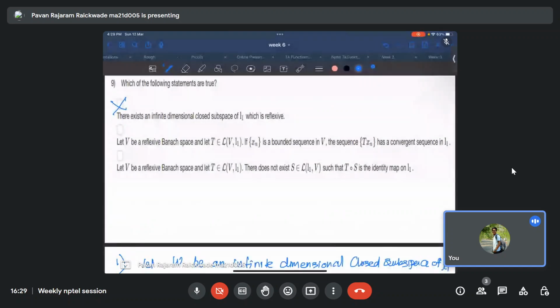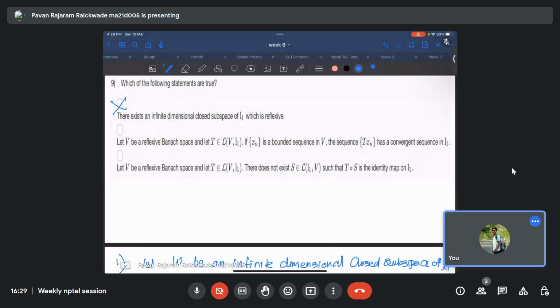What it says is: let V be a reflexive Banach space and T be a bounded linear operator from V to L1. If Xn is a bounded sequence in V, then the sequence Txn has a convergent subsequence in L1.